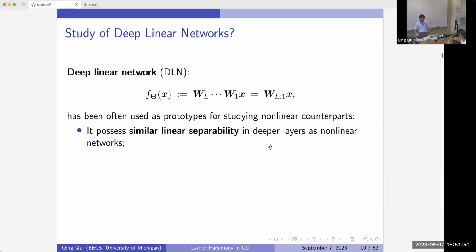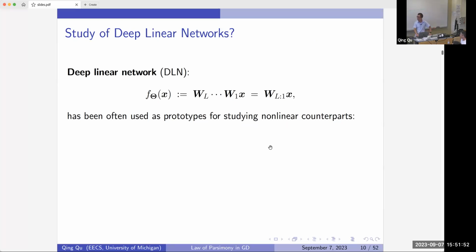Okay. So a deep linear network, as was mentioned, is just a linear transformation of your data. If we consider an L-layer deep linear network, you just remove all the nonlinear activations between the layers, and this is essentially just a linear transformation of the data.